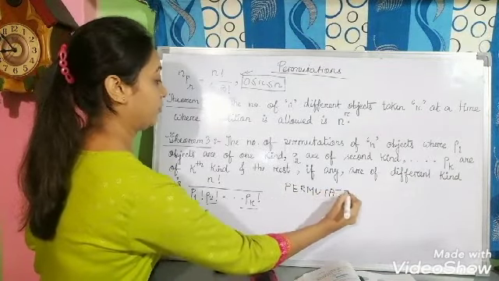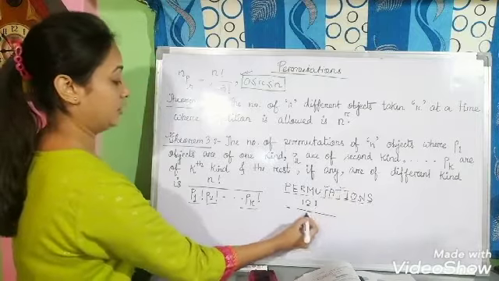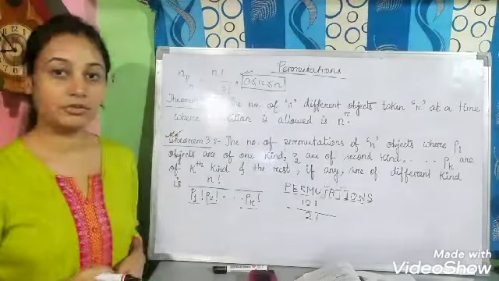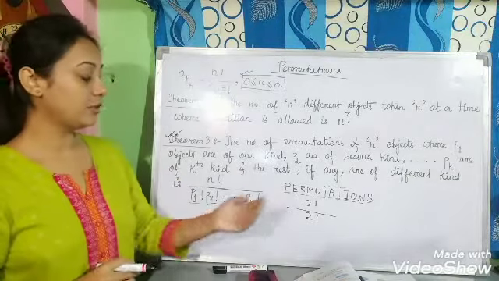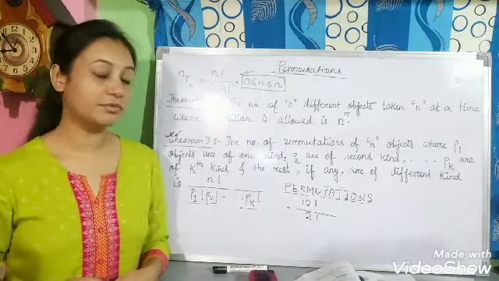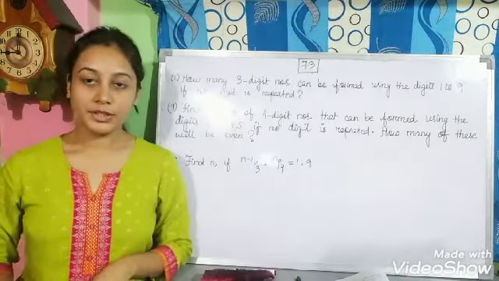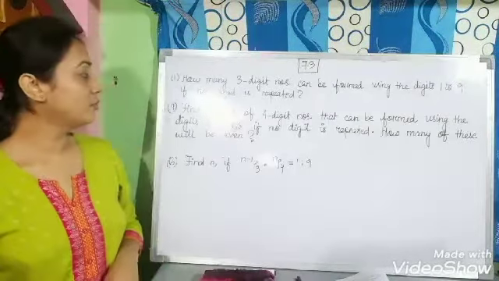So the number of ways in which the letters of the word permutations can be arranged is equal to 12 factorial divided by, and here you see t is occurring twice, so divided by 2 factorial. We are applying theorem number 3 here. So we have completed the theory part. Let's start the exercise now.